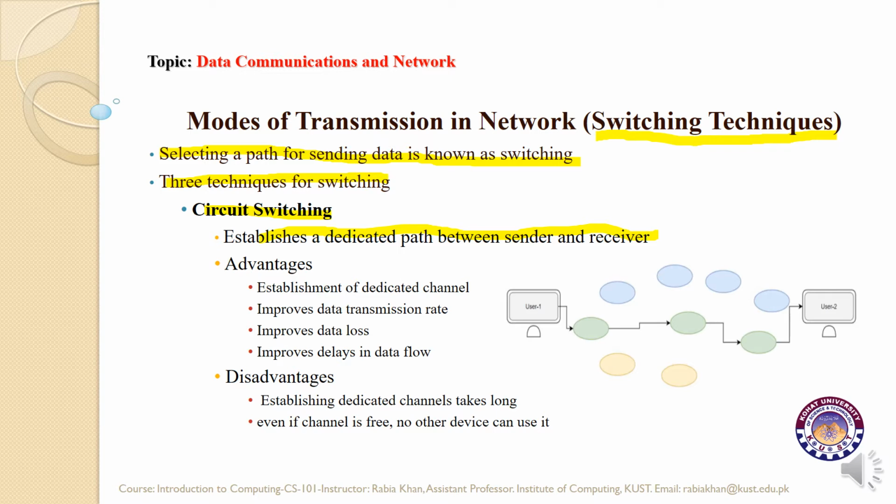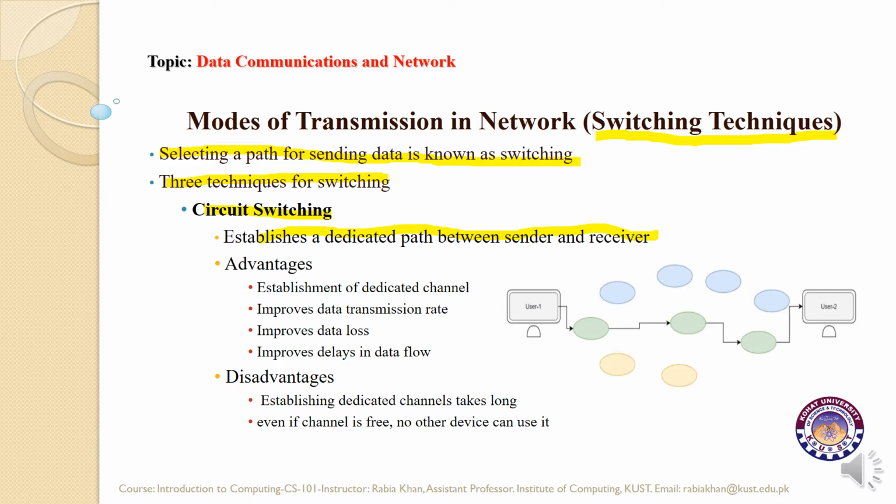Now let's suppose you try to call someone through your phone. Before transmission of your message takes place, a request signal is first sent to the receiver in the shape of the phone call bell.